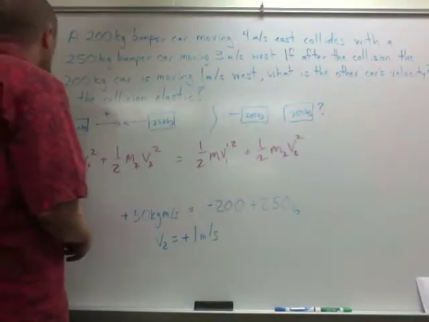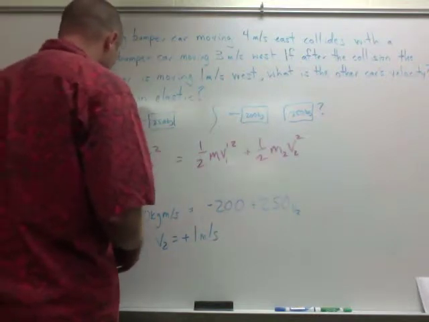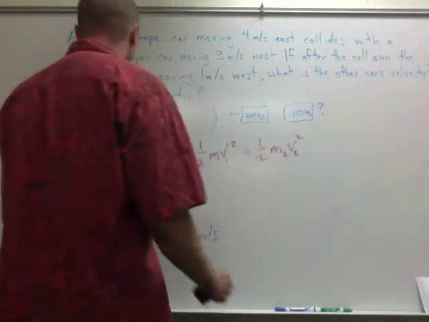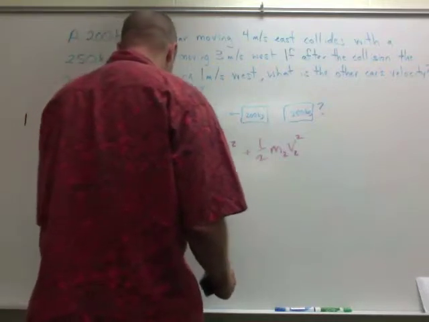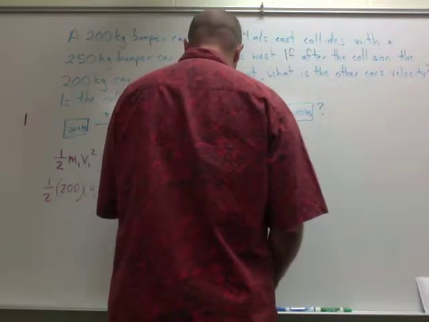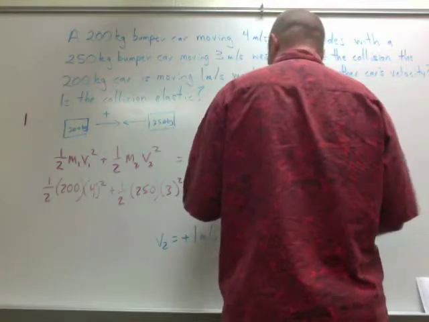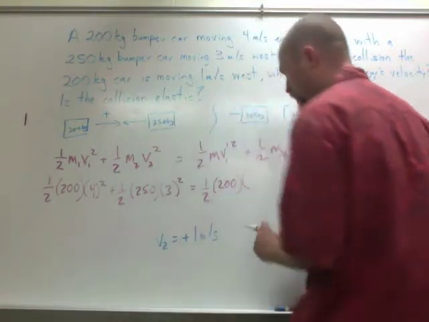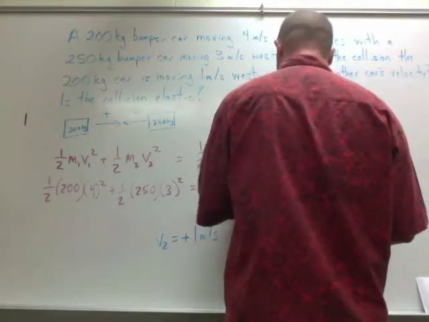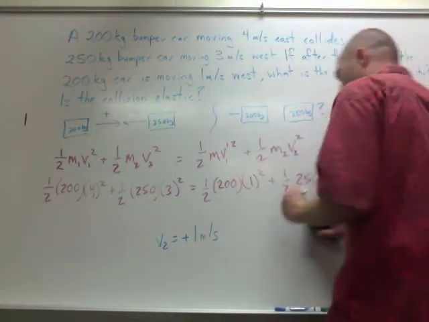So I go 1/2 times 200 times 4 squared, plus 1/2 times 250 times 3 squared, equals 1/2 times 200 times 1 squared, plus 1/2 times 250 times 1 squared.